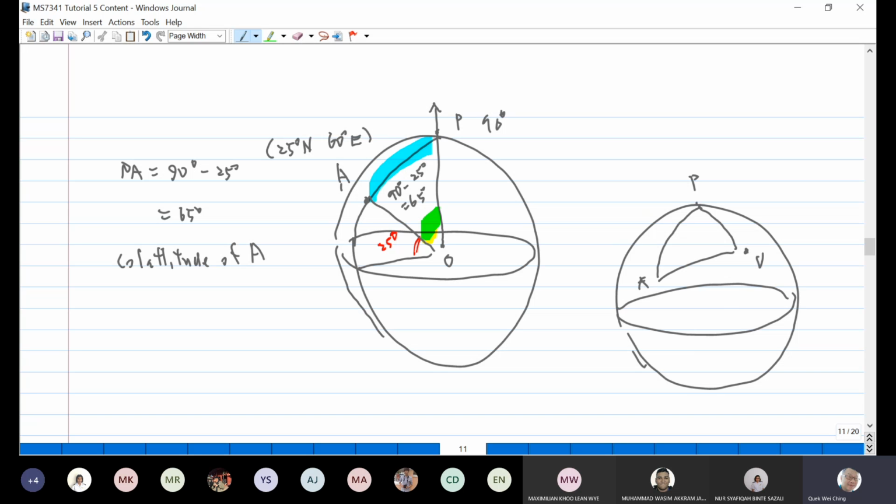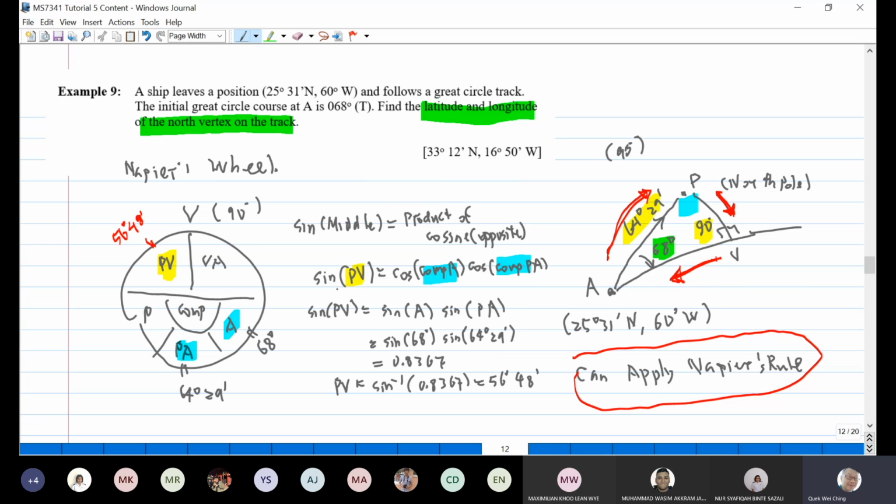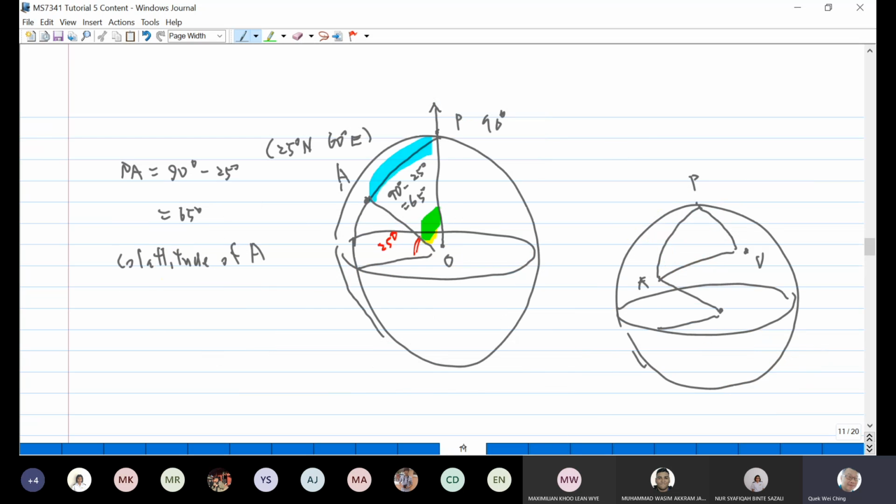So this is the center of the Earth. A's latitude from the question is 25 degrees 31 minutes north. So if you draw the diagram, this angle here is 25 degrees 31 minutes north.